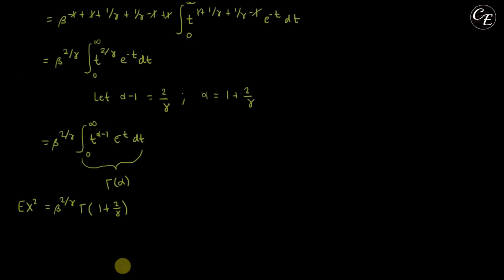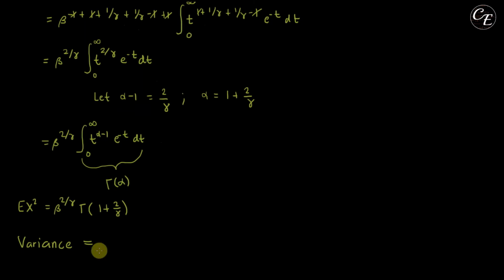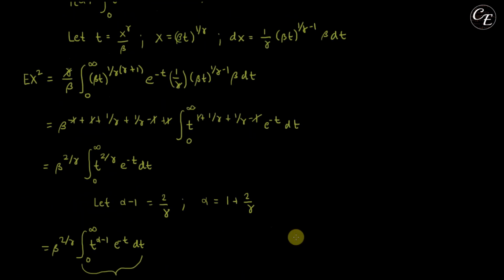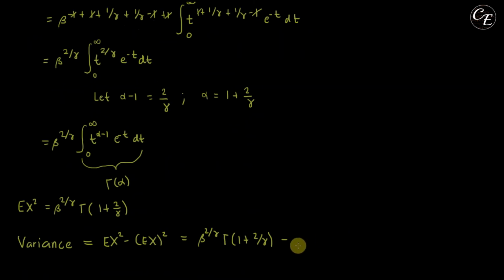Then for our variance, we have this formula. Let me rewrite that one in here. Expectation of x squared minus square of expectation of x. Then it is equal to, for this one we have this one, then minus the square of expectation of x, which is this one, and this is squared.